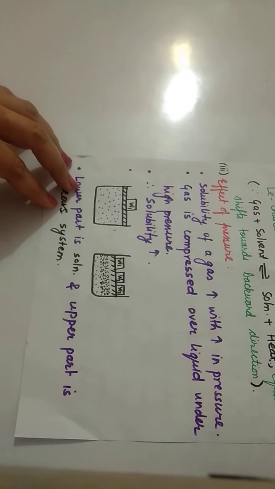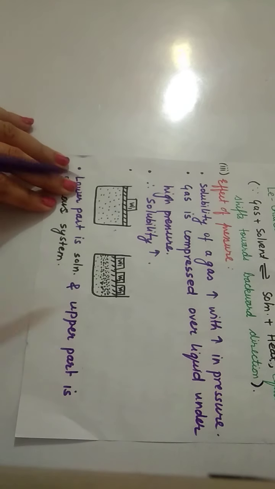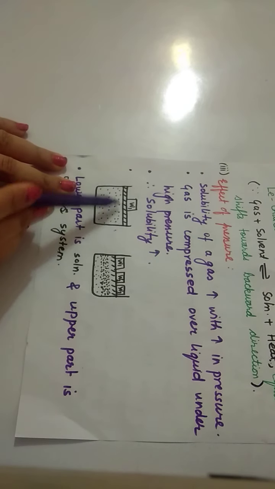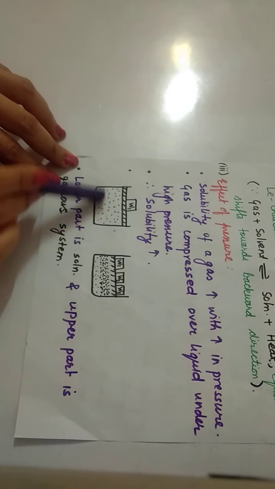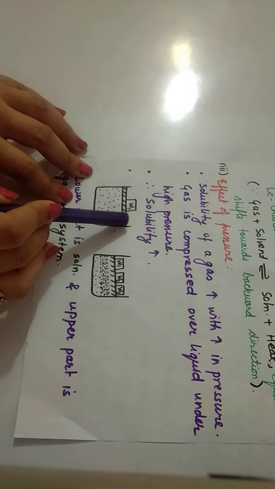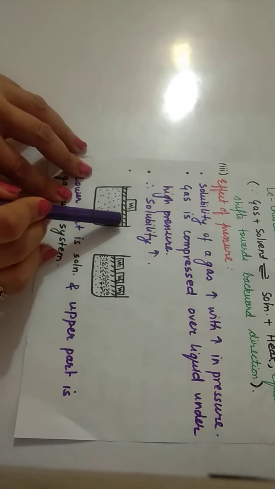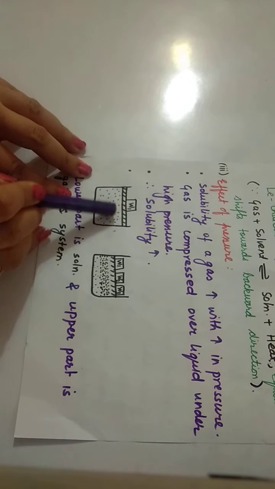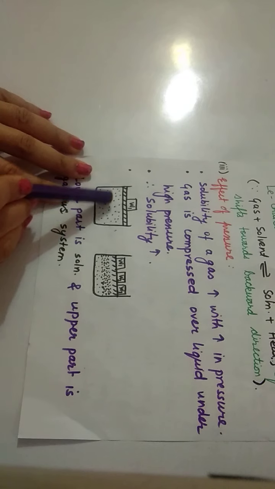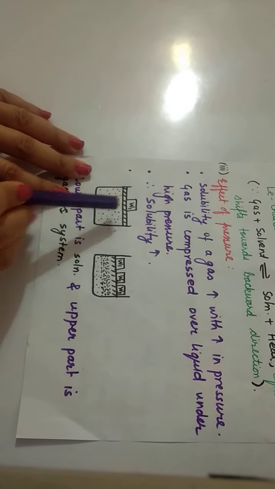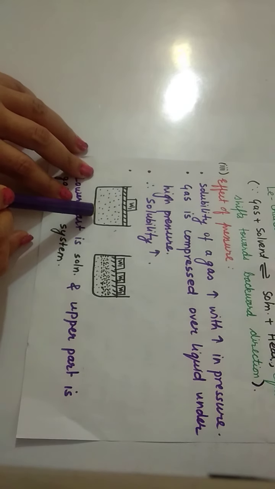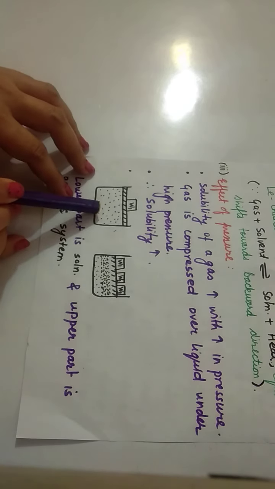So what will happen if you want to increase the solubility of this gas present above the liquid layer? If you increase the pressure above these gas molecules, the solubility of these gas molecules above the surface of liquid will increase, and the gas will be easily soluble in the given solvent.